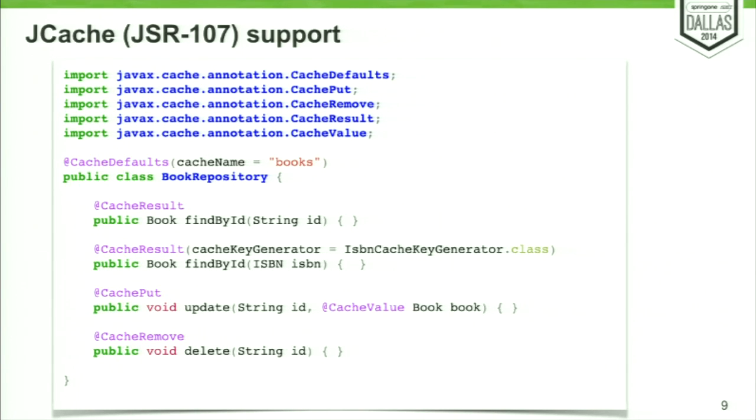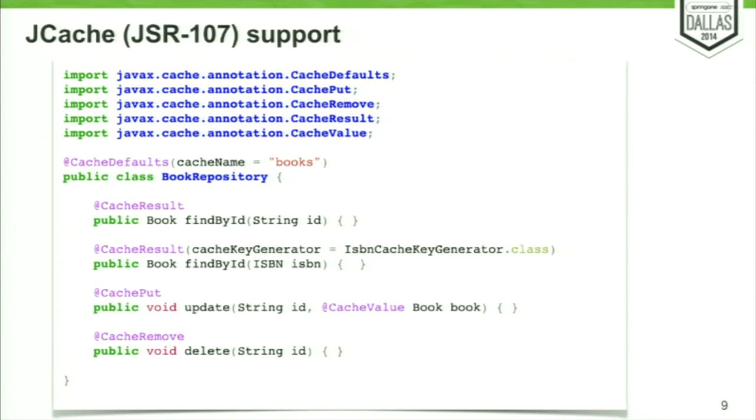This is an equivalent of what we've been seeing before, but expressed using javax.cache annotations, as you can see from the imports above. This is not using Spring annotations. We're using standard JSR 107 annotations to express the same interaction patterns. There are quite a few things you cannot express here.